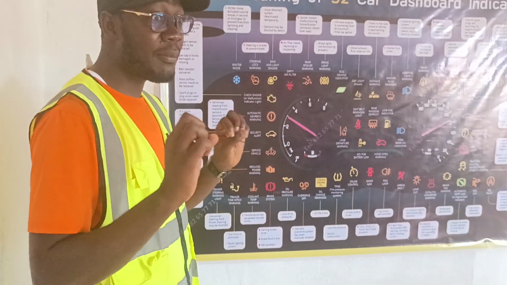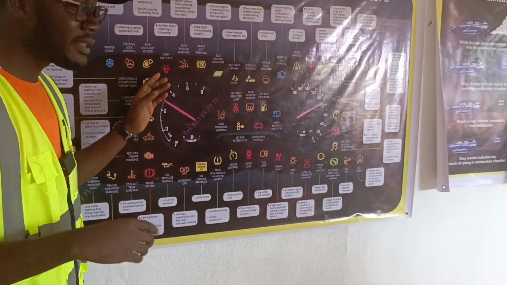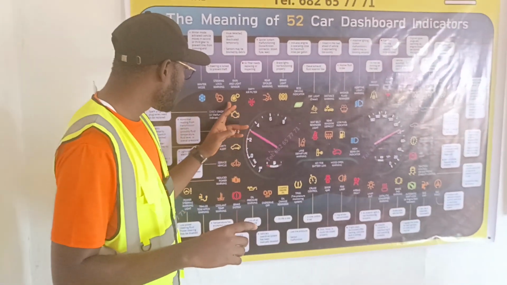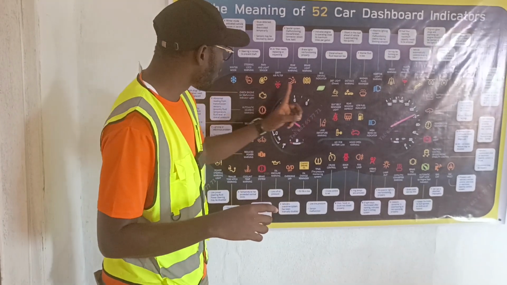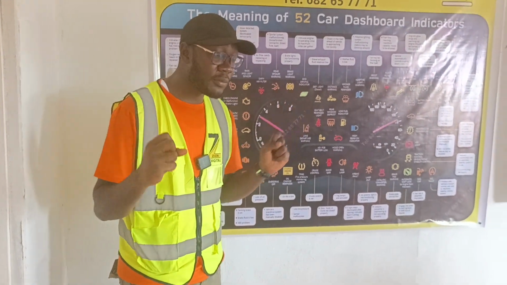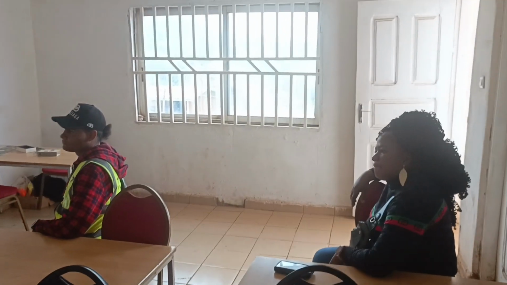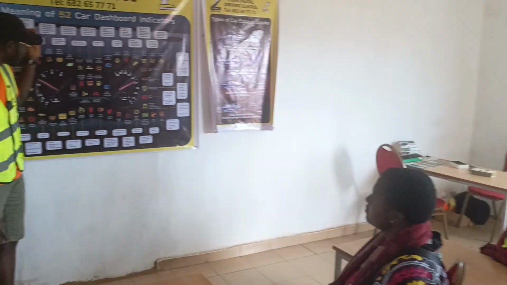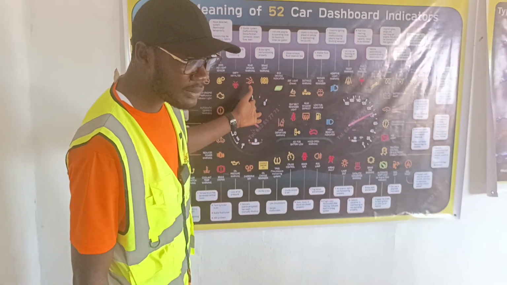So each time you see a red one, it tells you danger. When you see yellow, it tells you caution. When you see blue or green, it gives you information. So basically, looking at this chart, it's an information chart, caution board, and danger light.